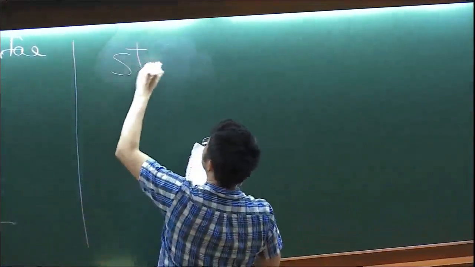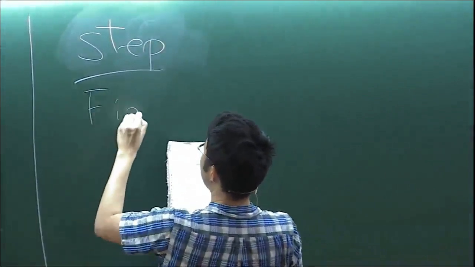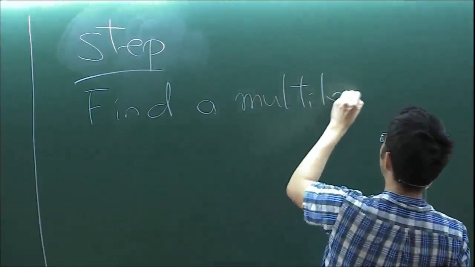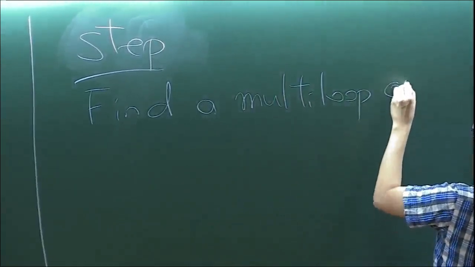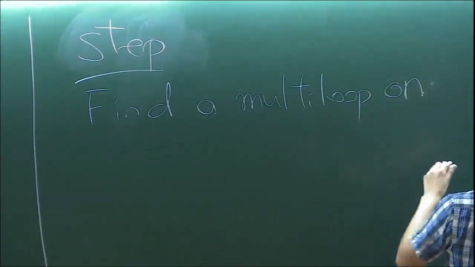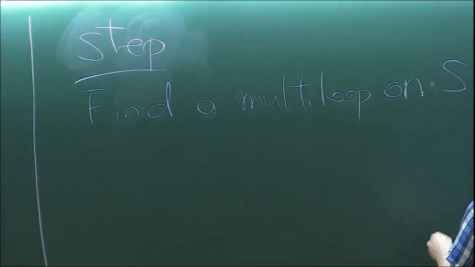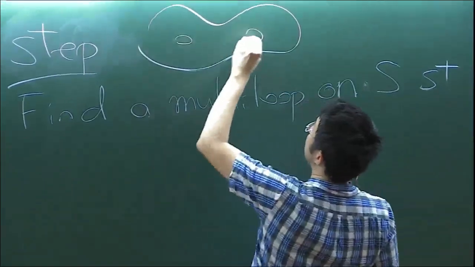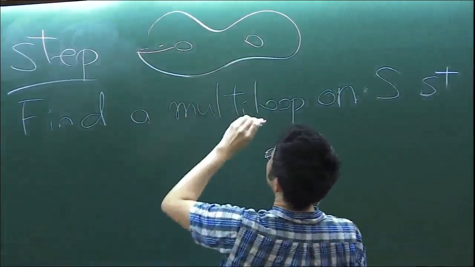So first step, we have this non-elementary representation. So we want to find a multi-loop on S, such that we want to cut the surface into pairs of pants, maybe like this.